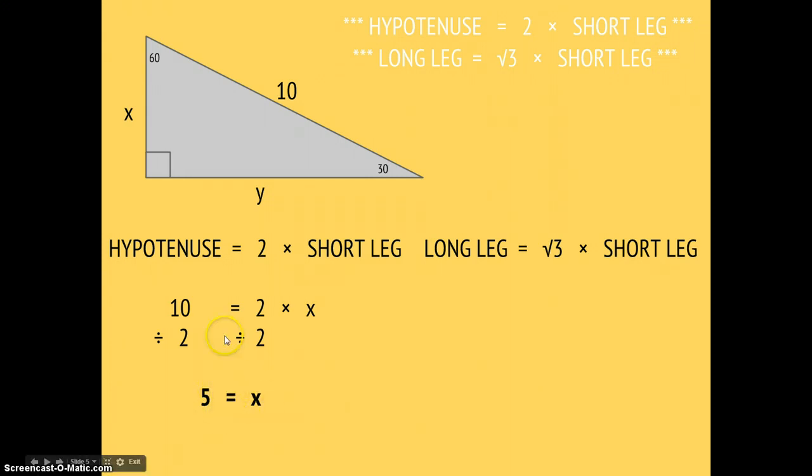The short leg is 5. So when we plug in, y equals the square root of 3 times 5. We grab our calculator and we get 8.7. So the length of the long leg is 8.7. So this triangle is 5, 8.7, and then 10, the hypotenuse we knew.